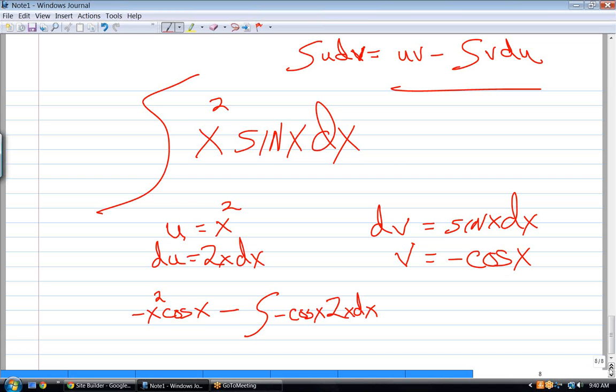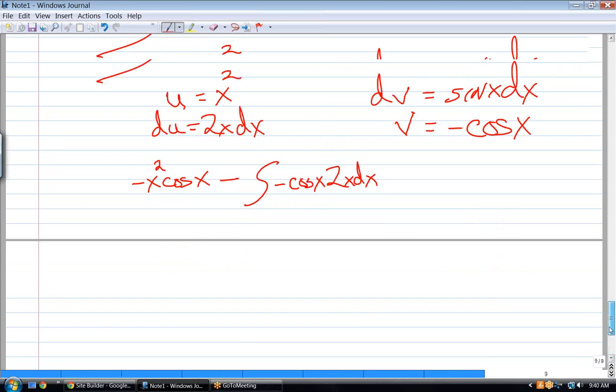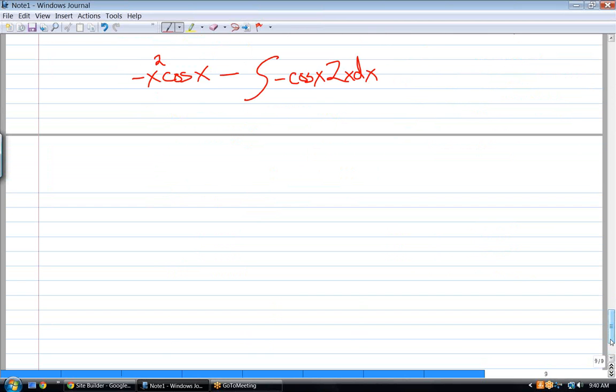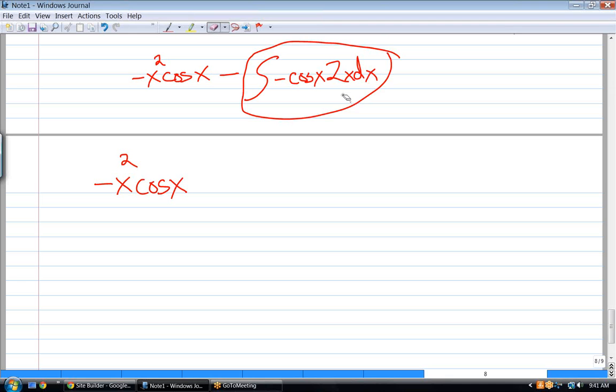Okay, and now we have to do a second iteration, because I don't know how to integrate this either. So can you move the negative sign and the 2 outside of that integral?